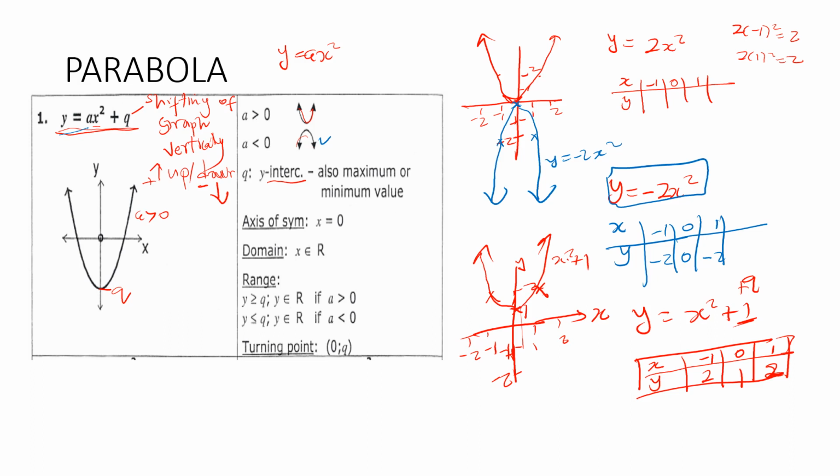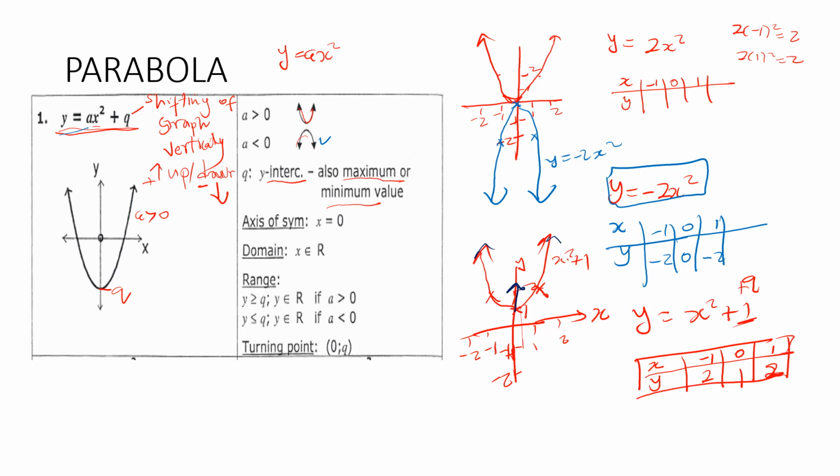And then it's also called the maximum or the minimum value. So when do we say maximum or the minimum? Now the value of y for this graph will start from 1. So meaning the value of this graph will start from 1 going up. But going down there is no graph because the graph is moving up infinitely.